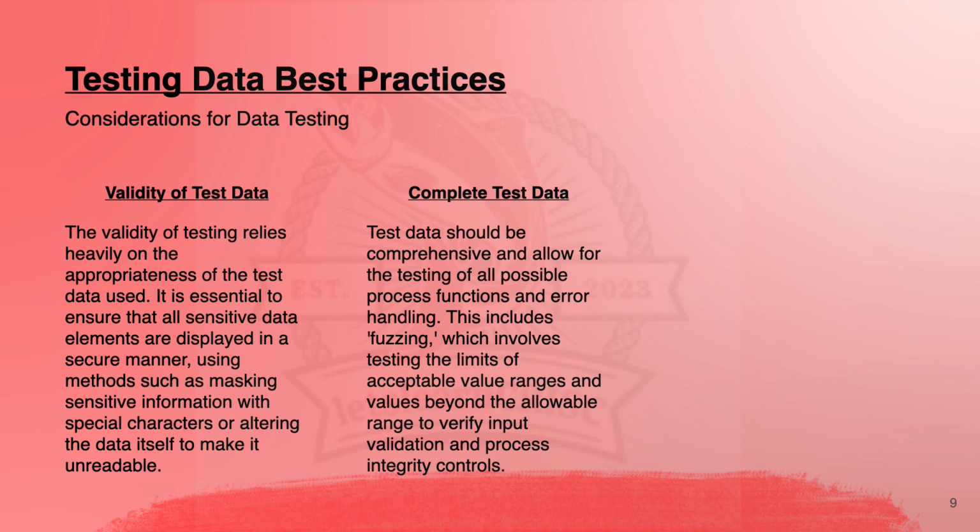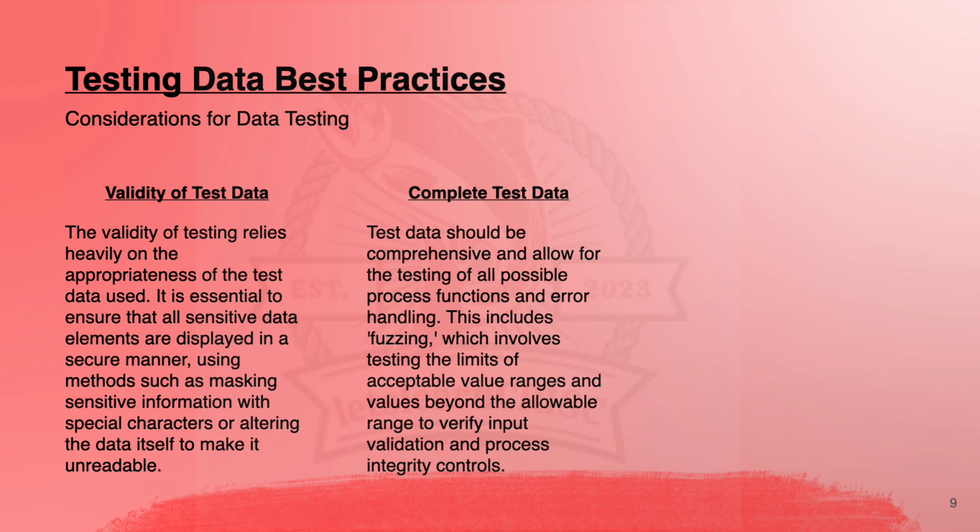Next, the complete test data. Friends, the test data should cover all the possible scenarios and functions, including pushing the boundaries of acceptable values, like fuzzing. Understood? This helps to verify that the system can handle a wide range of inputs and identify potential errors.